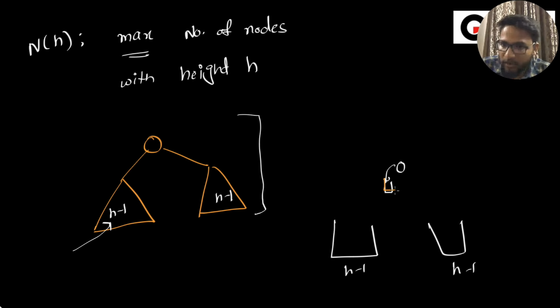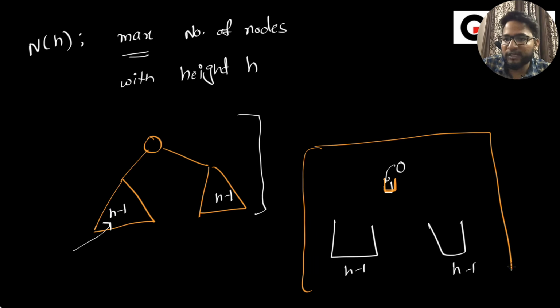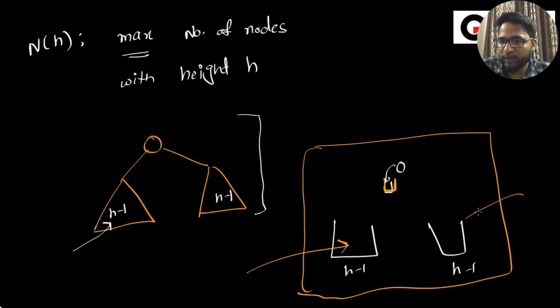I do not have any control on this bucket because it can just have one node. But if you want the maximum for all three buckets combined, you will be filling the maximum number of nodes here and the maximum in this bucket. Then only you can have the maximum total in these three buckets. So how many nodes can you put here?